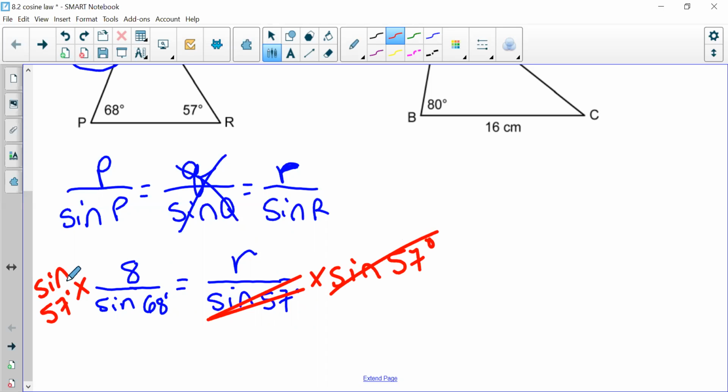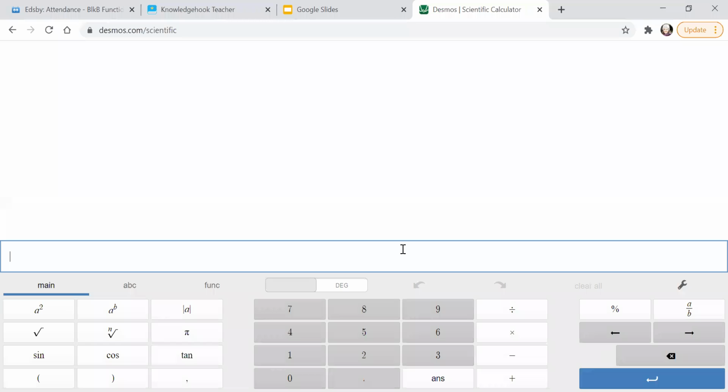So what you're going to do on your calculators, in any order, because this is multiplication and division, is sine of 57 times 8 divided by sine of 68. Sine of 57 times 8 divided by the sine of 68. I'm going to open Desmos here, the calculator, so we can do this together.